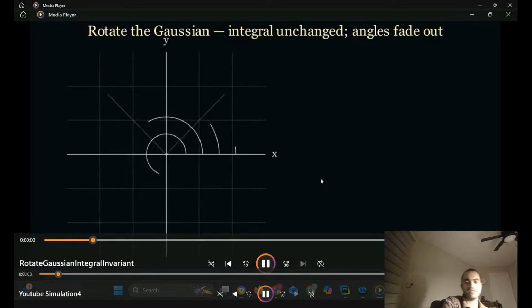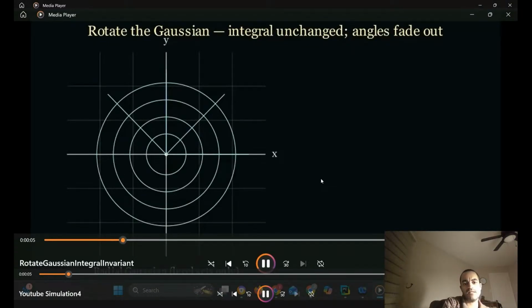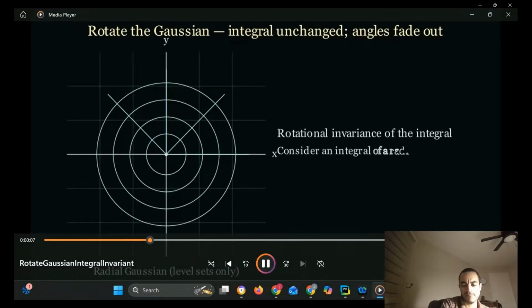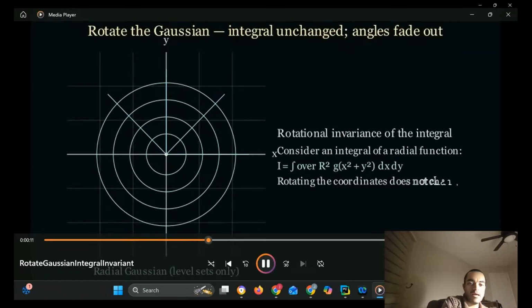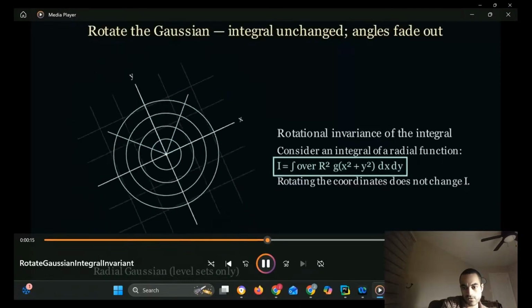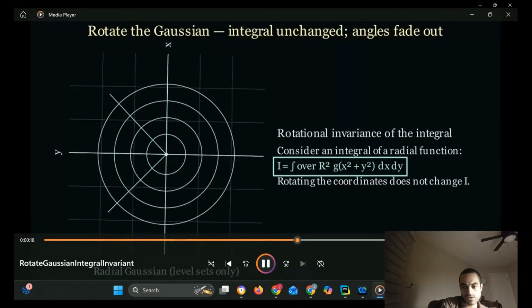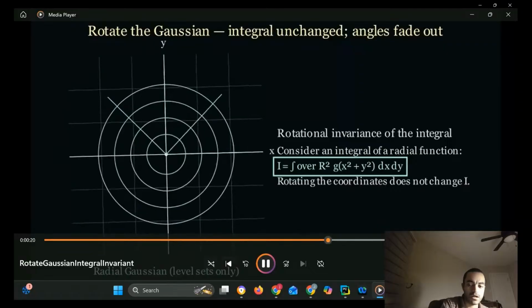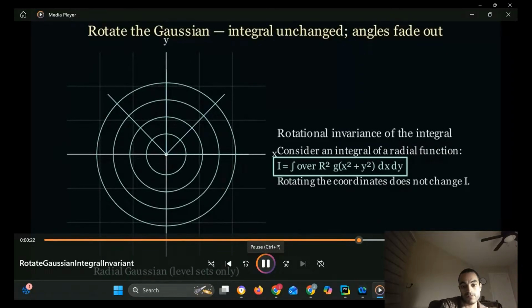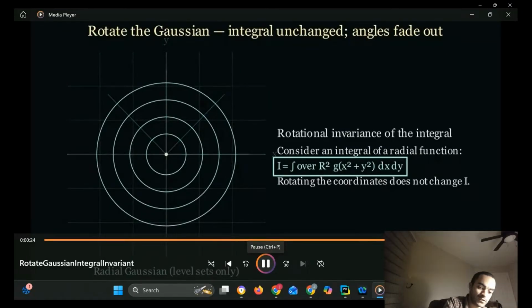Again, we're looking at rotating this Gaussian. For anyone new coming in, let me repeat. I'm trying to show why the following integral over R2, of g of x squared plus y squared dx dy, is invariant. So why is that integral invariant? And what does invariant mean?